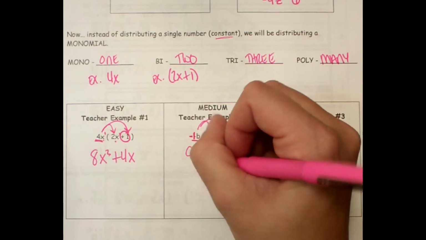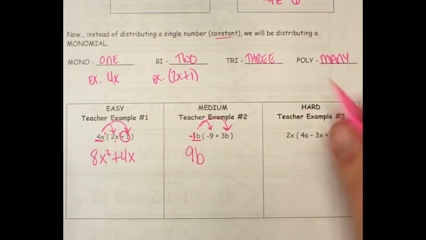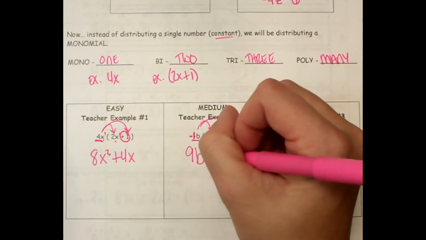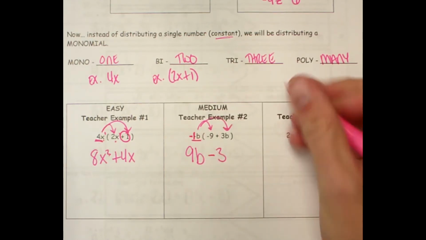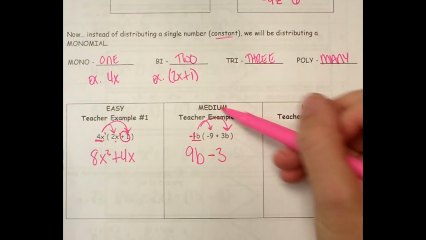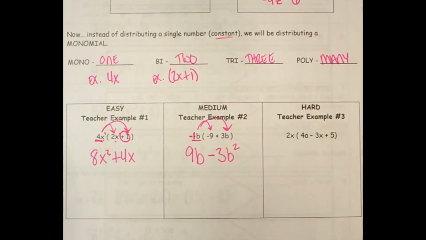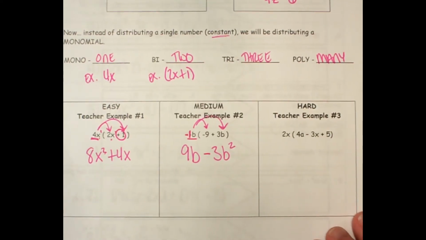And you're going to bring down the b. You have your negative 1 times a positive 3, which is negative 3. So that's a minus 3. And then you do the variables. B times b, when you have 2 of them, that makes it squared. B squared. Okay. So think about those for a minute, and let's look at the last one.